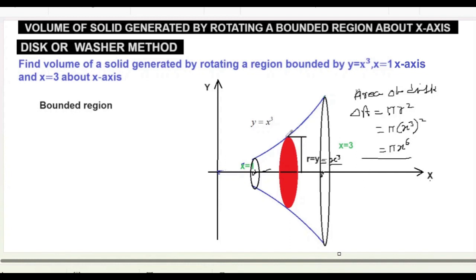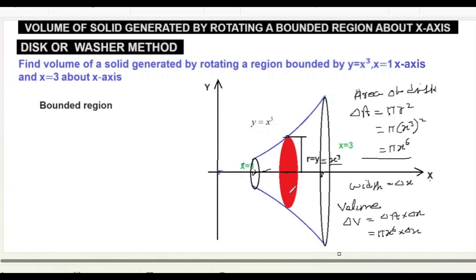Now, as the width of the disk, which is very small, is parallel to the x-axis, we can consider the width as delta x. And finally, the volume of the disk, delta V, is the area multiplied by the width, which gives us pi x to the power 6 into delta x.